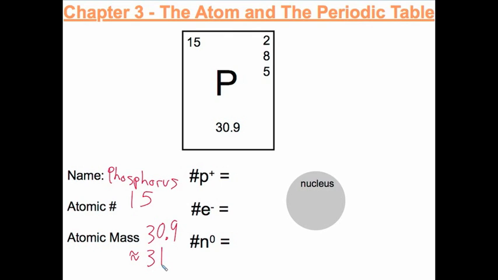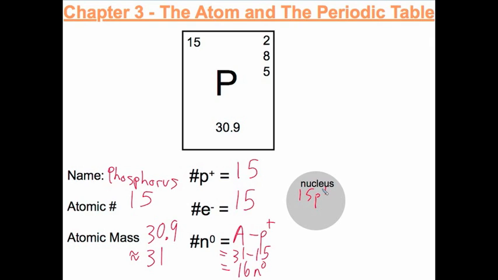The number of protons is the same as the atomic number, which is 15. The electrons is also the same as the number of protons, 15. The atomic mass minus the number of protons gives us our number of neutrons. 31 minus 15 protons, 16 neutrons.